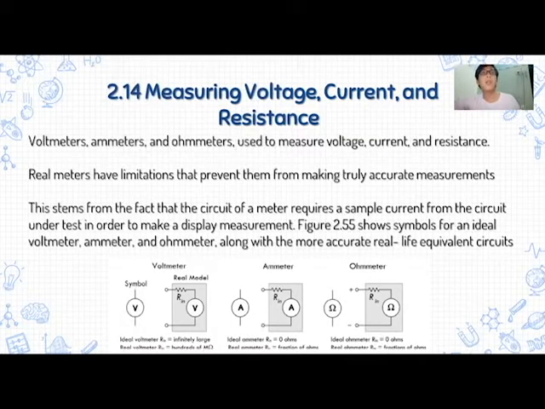We talk about measuring voltage, current, and resistance. We use the voltmeter, ammeter, and ohmmeter to measure the voltage, current, and resistance. The meters have limitations that prevent them from making perfect measurements.